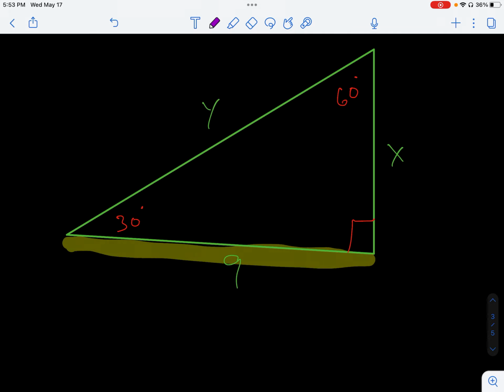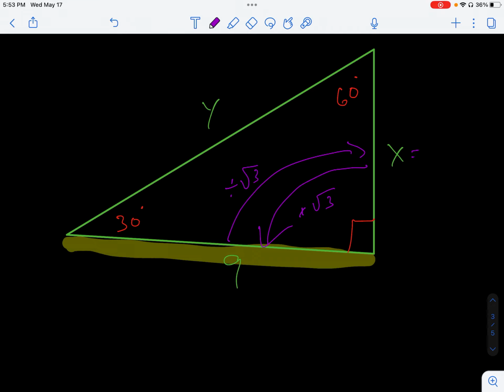So if we multiply by radical 3 to go this way, we've got to divide by radical 3 going the other way.